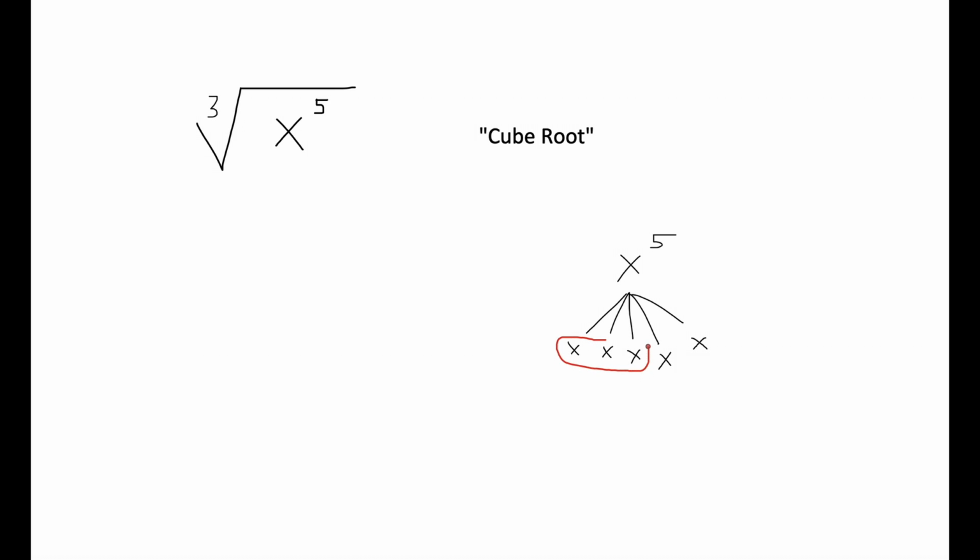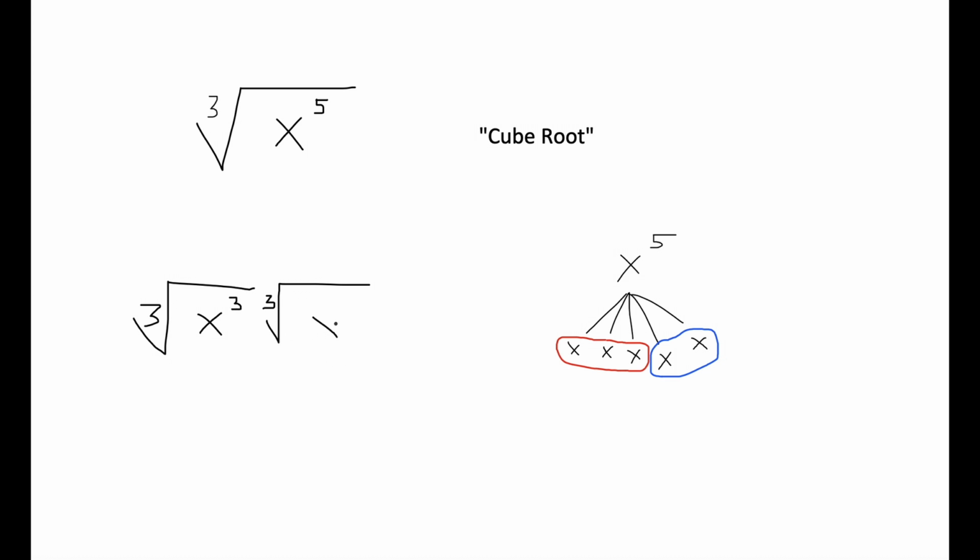Here we see 3 x factors, which form a triple. And then we also see 2 x factors, which don't quite form a triple. I'm going to use the same approach of breaking the radical up. And this time, I'm going to put the 3 x's on the left, which makes x to the 3rd.